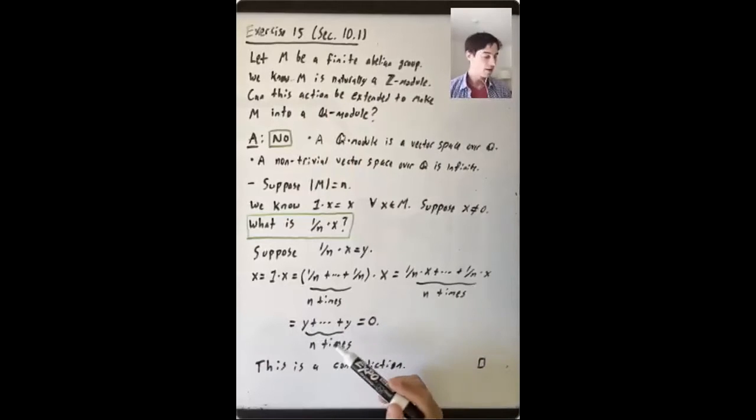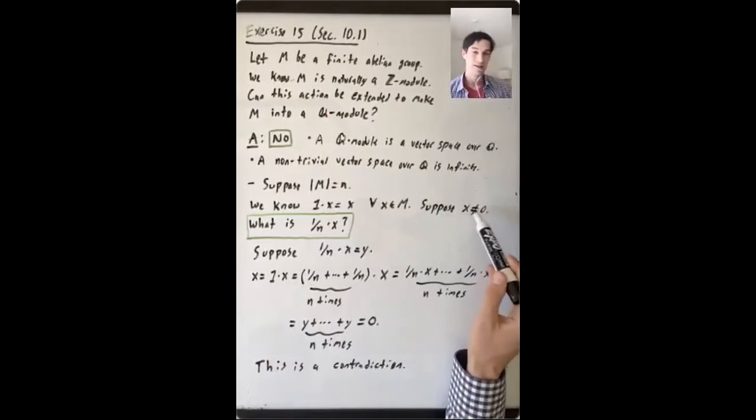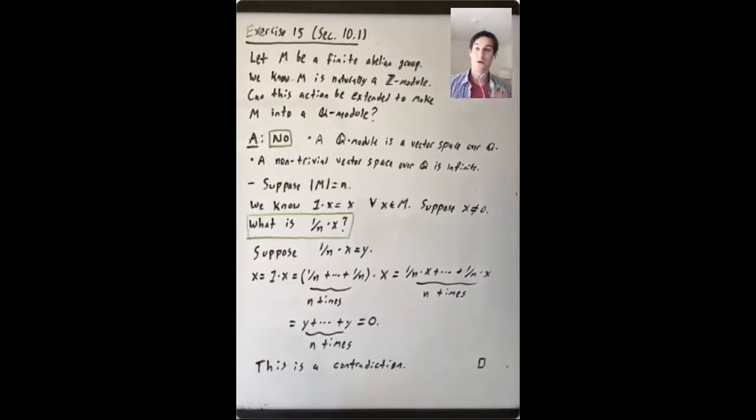Why is that? Well, the order of an element divides the order of the group. So you take any element and add it to itself n times, and you get 0. But now we have x equals 0. And this is a contradiction to the assumption that x was not equal to 0. So what are we seeing?